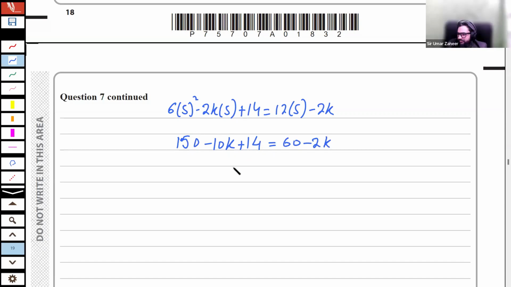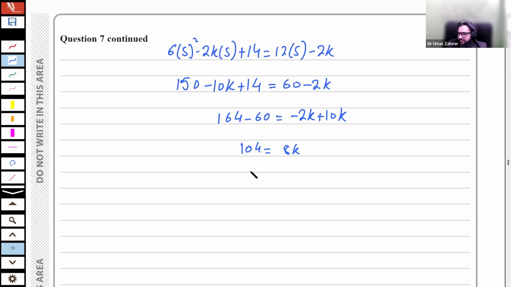Now 150 plus 14 will be 164, and the 60 on the other side will become minus 60, and minus 2k plus 10k, so it will be 104 is equal to 8k. 8 is multiplying, so on the other side it will be divided.